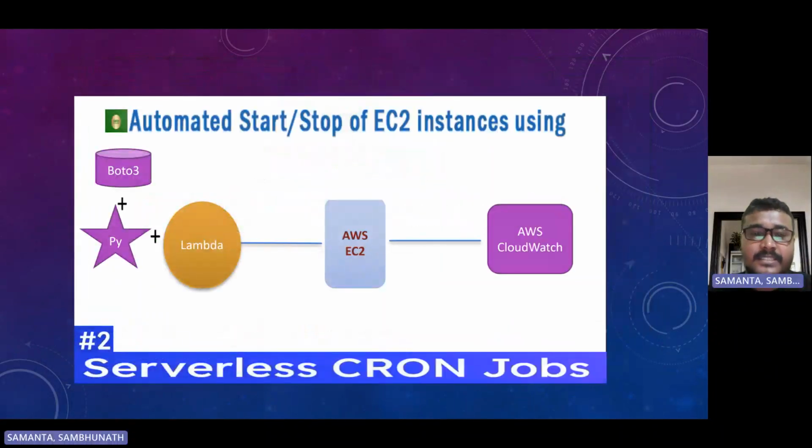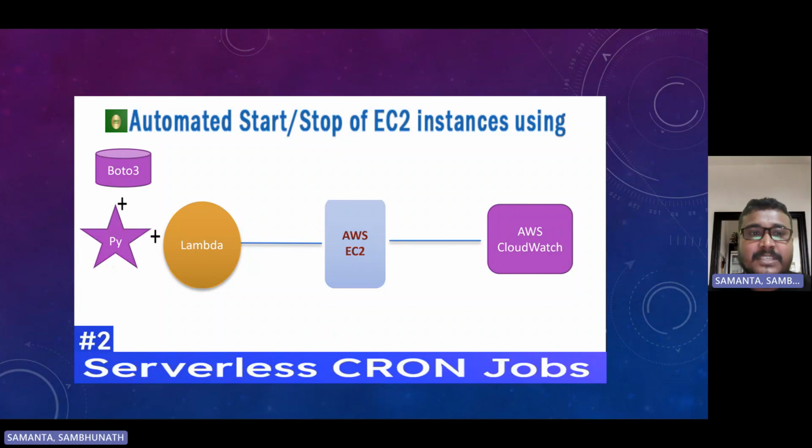What could be the next? Next is the serverless cron job. If you would like to automate anything like a cron job, we can schedule whatever job you would like to execute by using this Lambda. In my previous video, I already demonstrated the cron job syntax and how we can schedule that cron job.